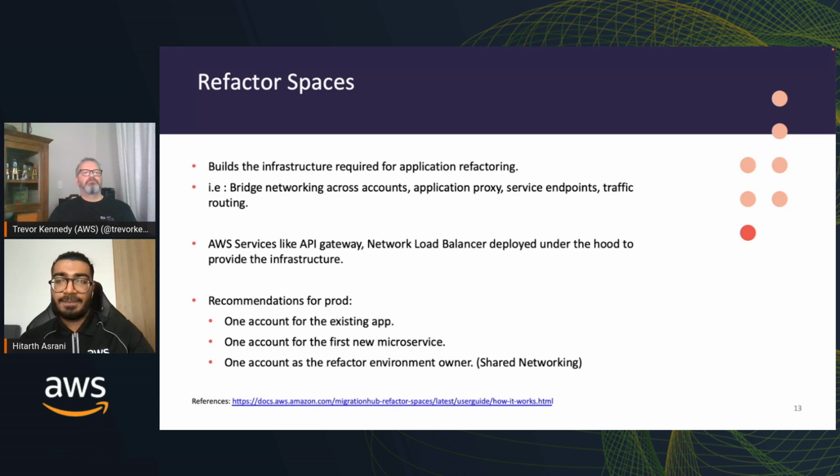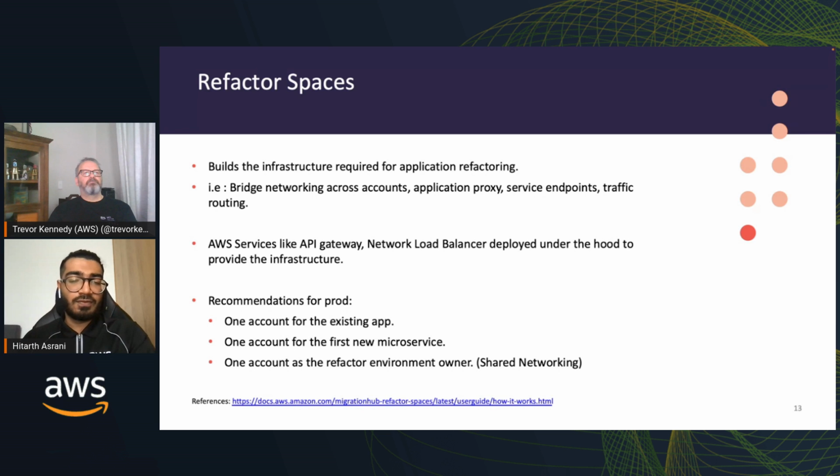Some of the recommendations in production generally given to customers are one workload per account, and that helps here as well. You've got one account for the existing application, which would be a monolith.